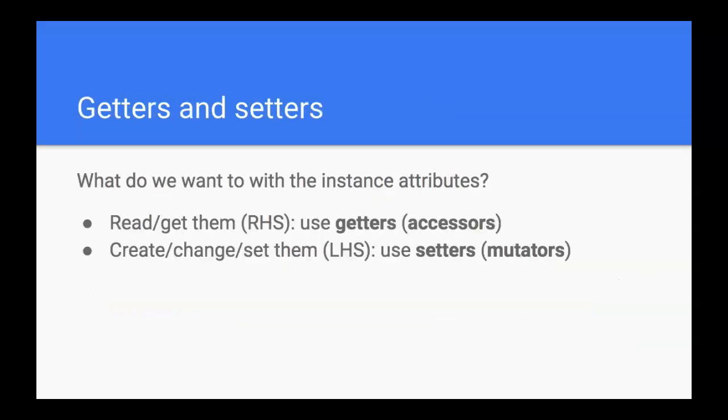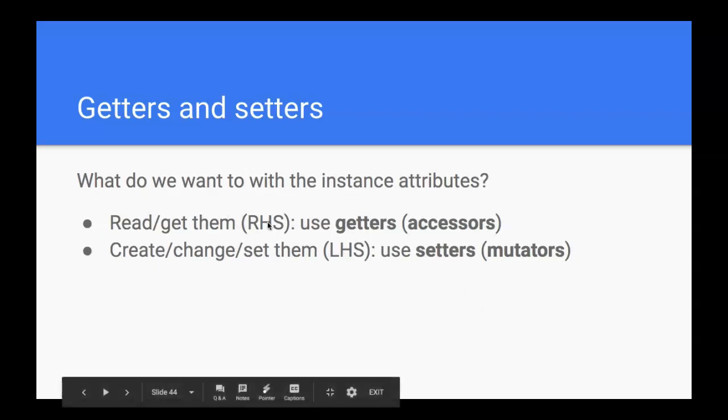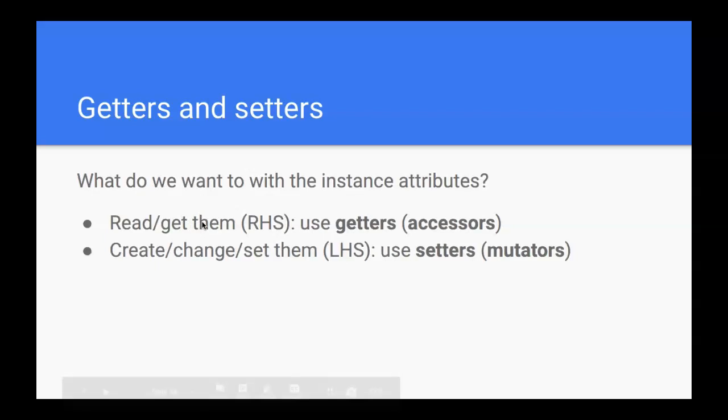Now, what do we want to do with these instance attributes? There are really two things we want to do: read them, and either create them or change them. Reading them is getting the attribute, a right-hand side operation.